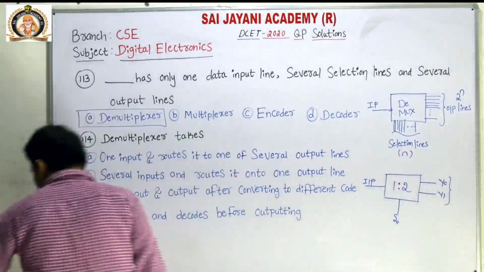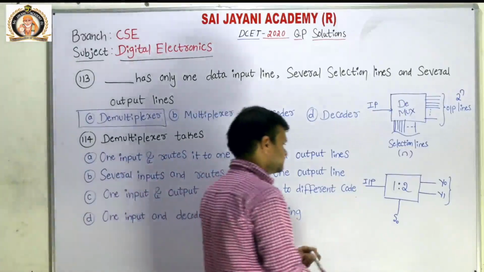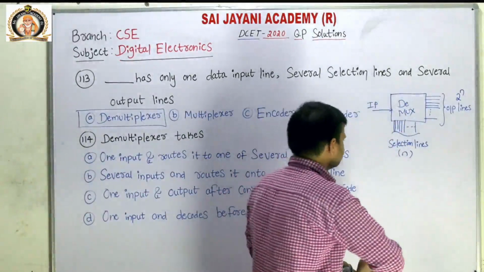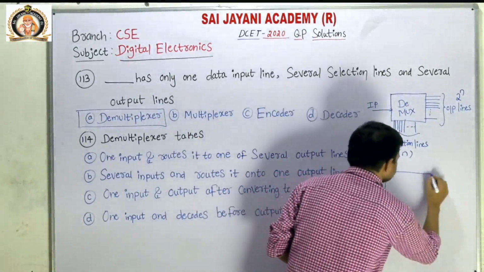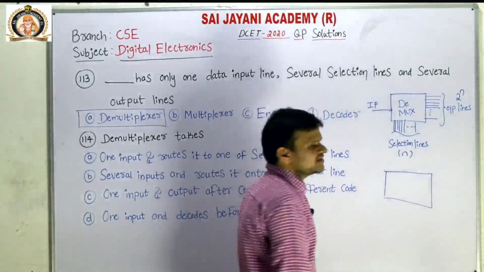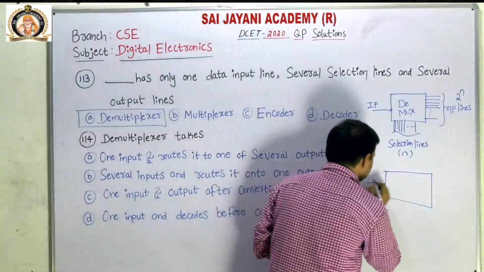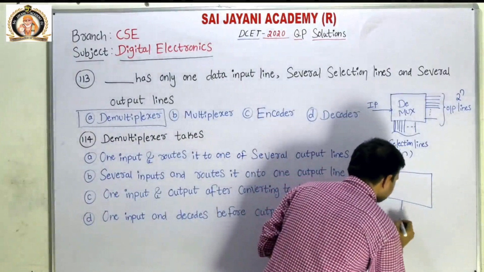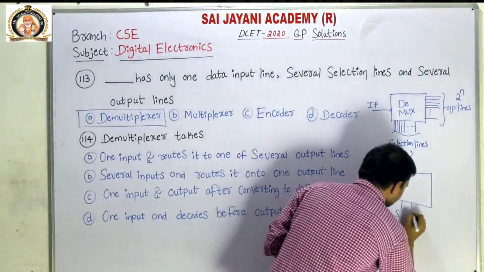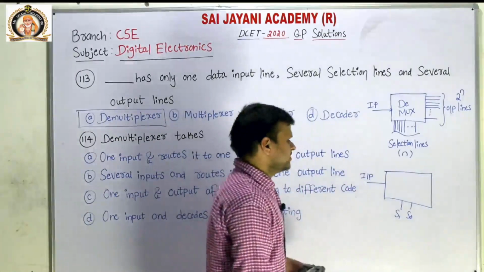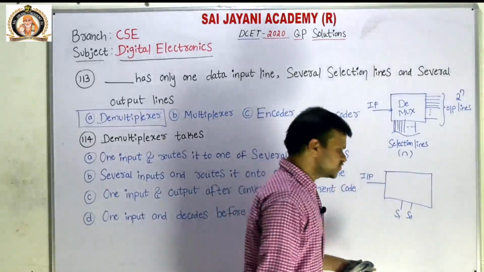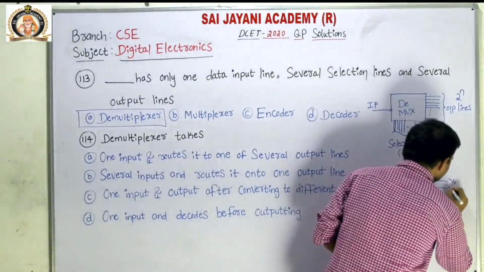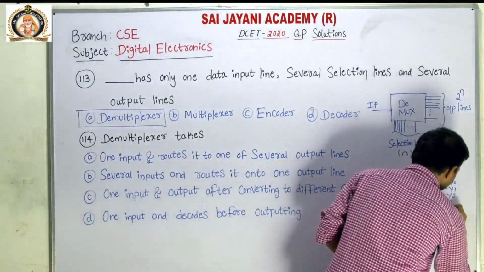Similarly, when we consider 2 selection lines, the demultiplexer always has a single input line only. If we have 2 selection lines, that is S1 and S0, here n is equal to 2. So the output lines become 4, that is Y0, Y1, Y2 and Y3. Why?